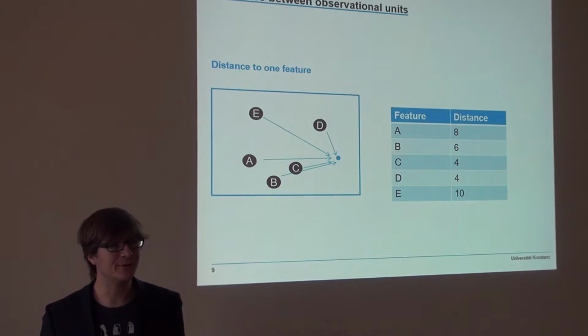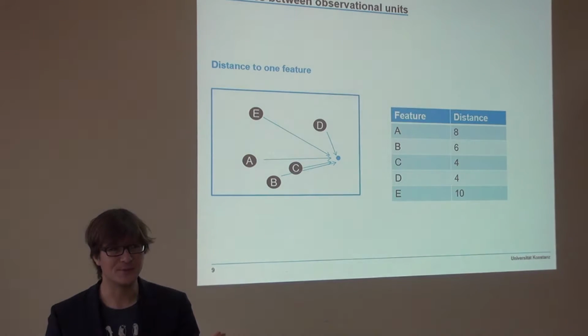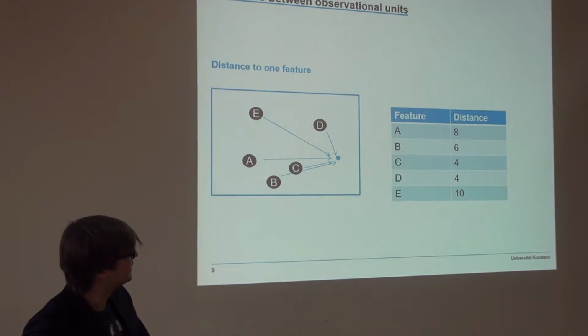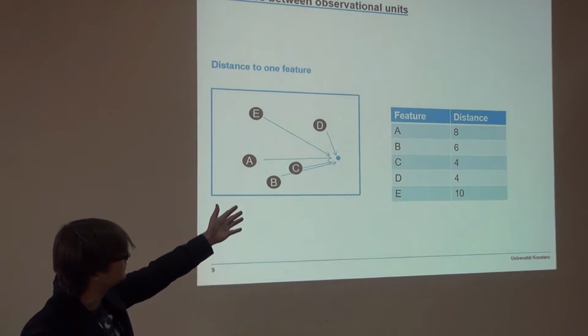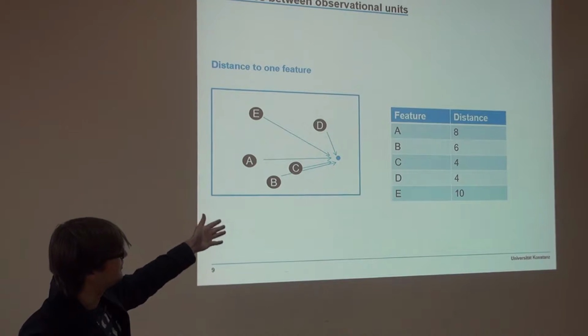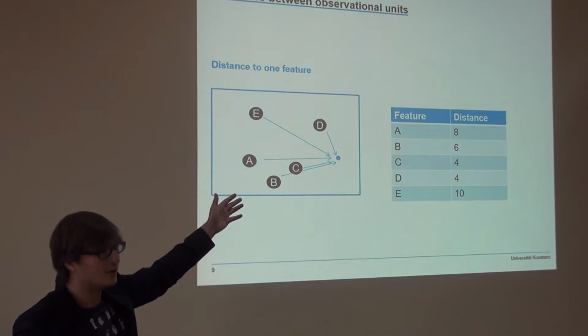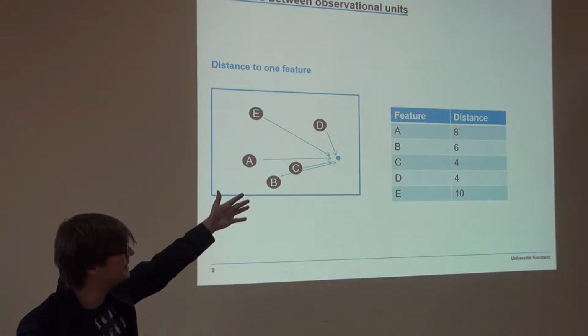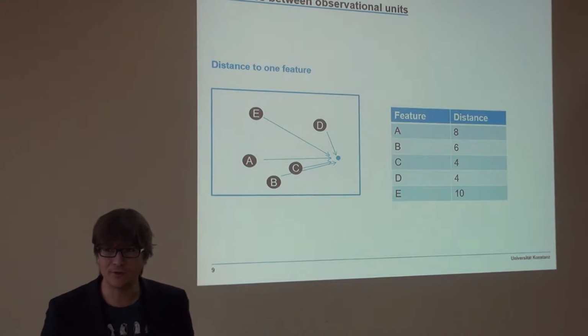You remember when we calculated the distances between respondents and the cinemas. And that's what you would probably get. You would have a list of features or observations A to E, and you would have a list of distances. And you could use this list as an independent or dependent variable in some kind of meaningful analysis.